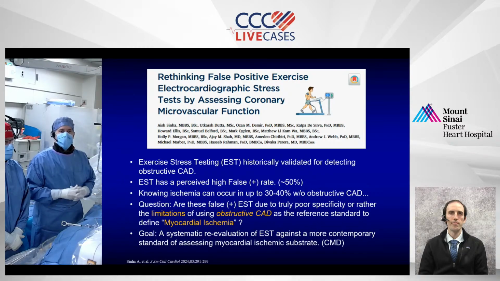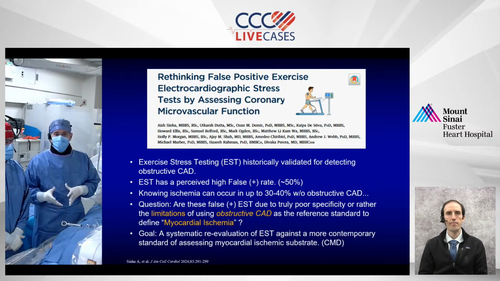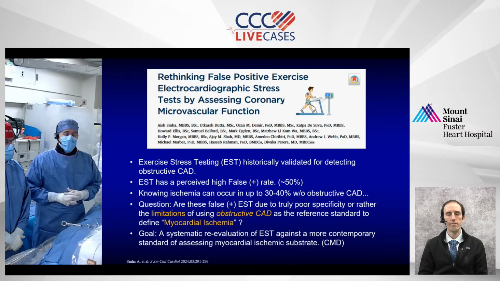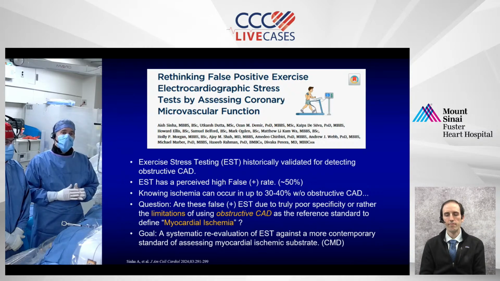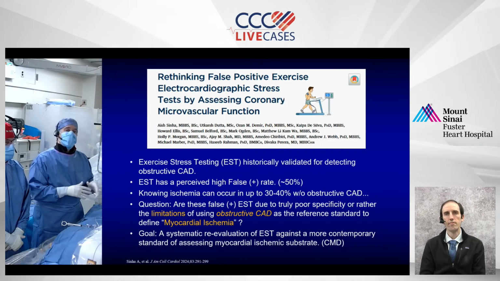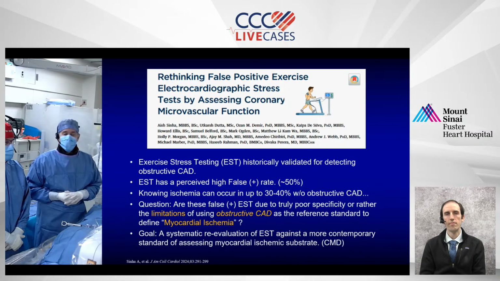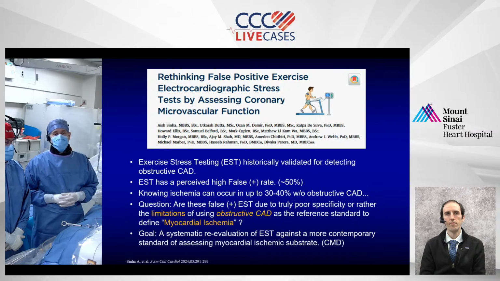The whole notion of myocardial ischemia has really evolved in 2024 to include both obstructive and non-obstructive disease. So the goal of the trial was a systematic reevaluation of exercise stress testing against a more contemporary standard of assessing myocardial ischemia substrate, such as coronary microvascular dysfunction. Next slide.